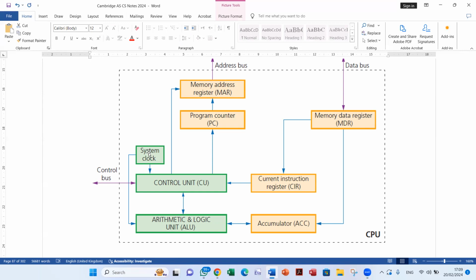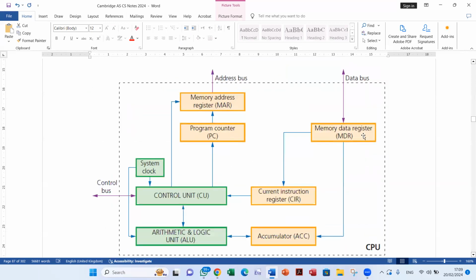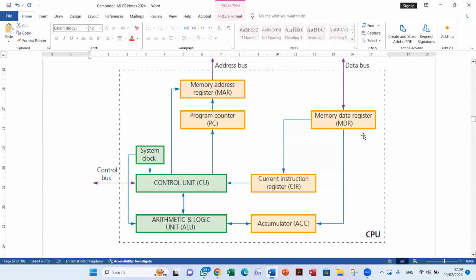The control unit controls everything inside the processor, inside the computer. It even controls the address bus, the data bus, the control bus. It even controls the main memory. The control unit controls everything.